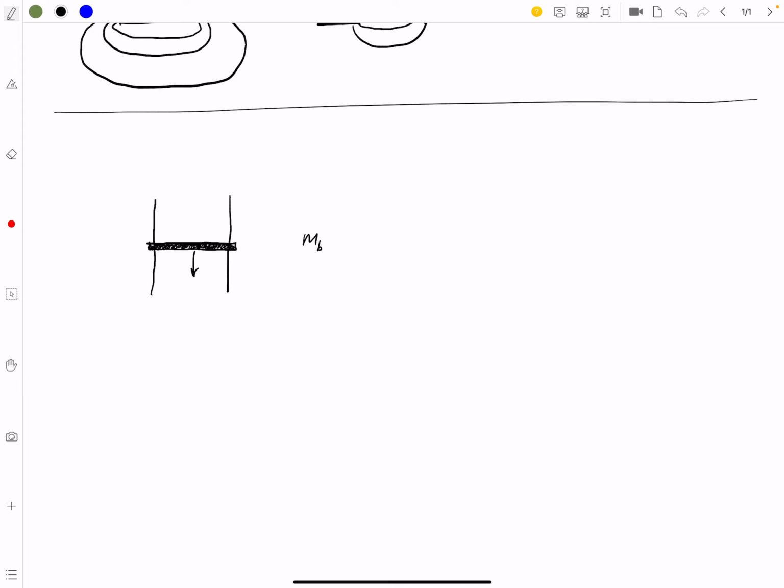Now, up here, we've got a resistor, but it's a potentiometer. That means we can adjust the resistance, so we can dial it in. We also have a battery that we can also dial in as well.